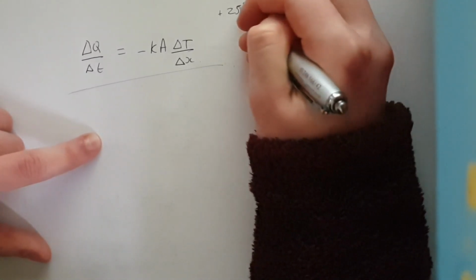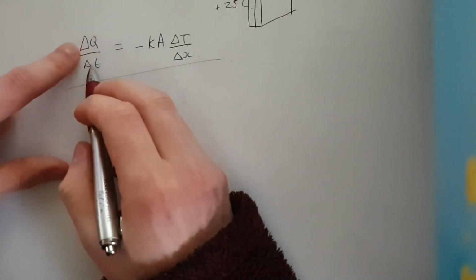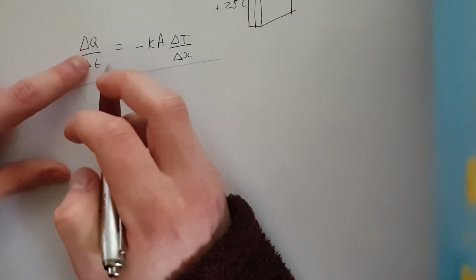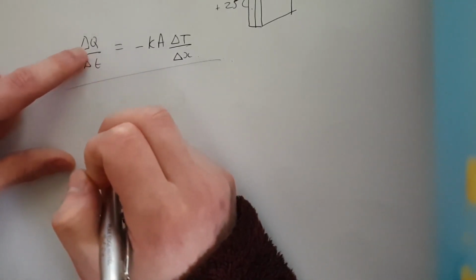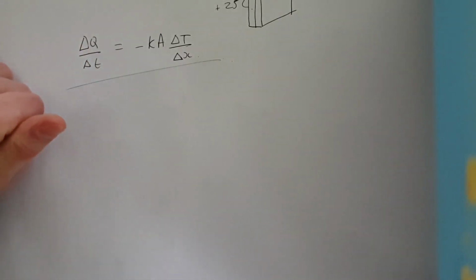Sorry for the writing, this is horrible. Okay, so we want to know what the rate of heat transfer is. We don't want to know just the heat transfer, we want to know the rate. I'm going to stop because I'm running out of time.